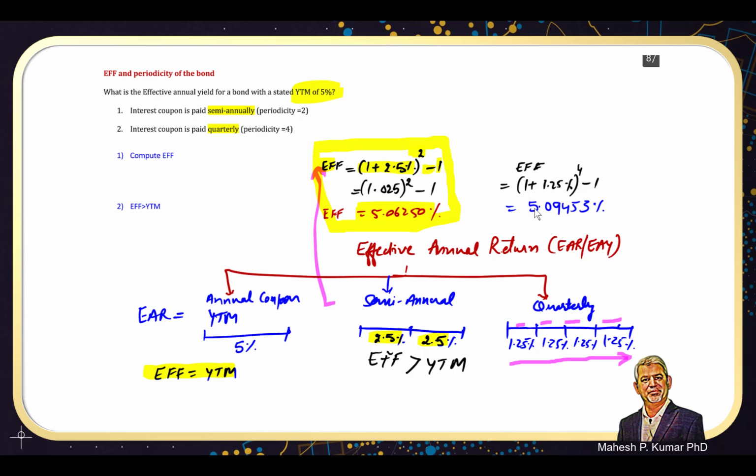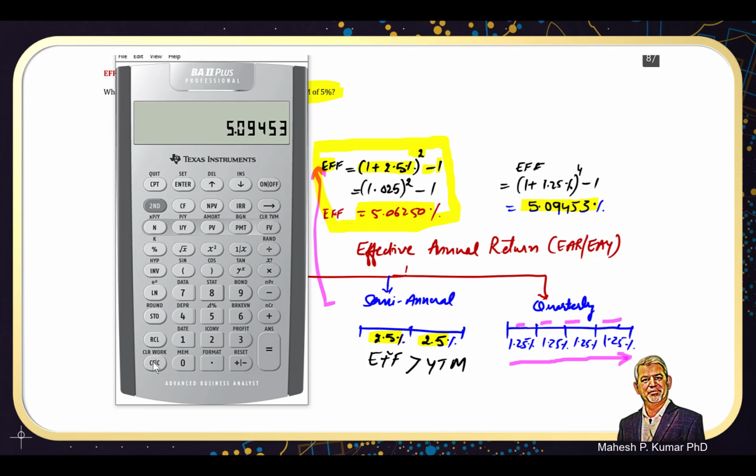The same, of course, can be calculated using the iConvert function. So we will clear the display, and let us go back to the second iConvert function. There are some numbers already sitting from the last calculation here. The nominal rate is correct, 5%.